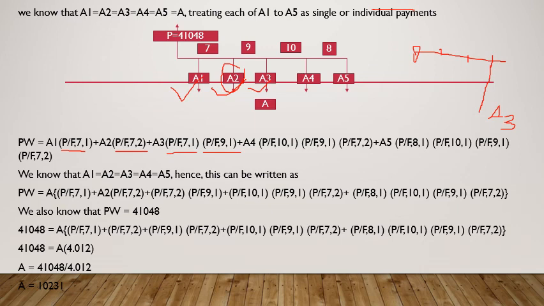Since A1 is equal to A2 is equal to A3 is equal to A4 is equal to A5 as A, consider it as A, take a common factor, sum up all the factor values, and then equate it to present worth, which I have already calculated in my previous slide, and then get the value of A. This is the methodology I follow whenever I come across a varying interest rate and I need to follow the annual worth comparison of alternatives method.